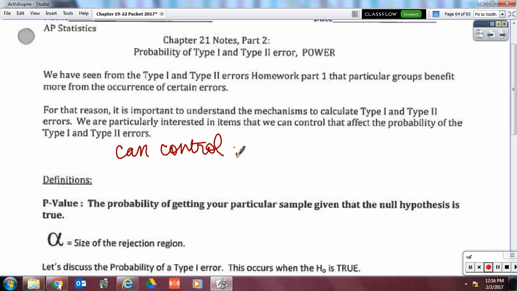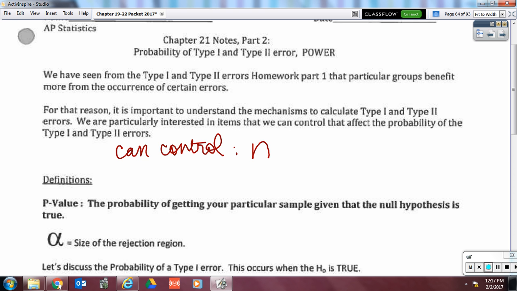True, I can define what H0 is, but I think I heard somebody say, good, we can control the sample size. That is one thing that will change some things for us, and we're going to discuss that today.